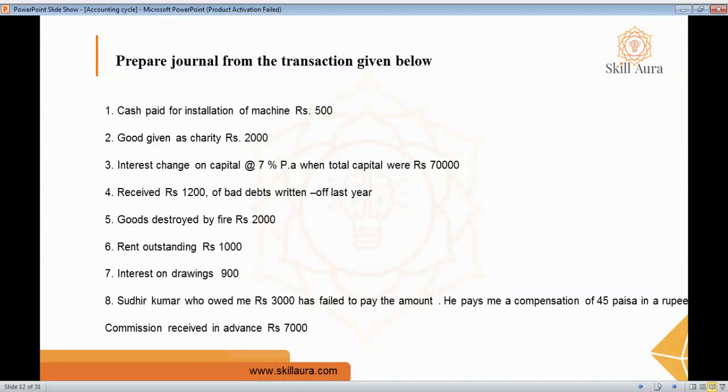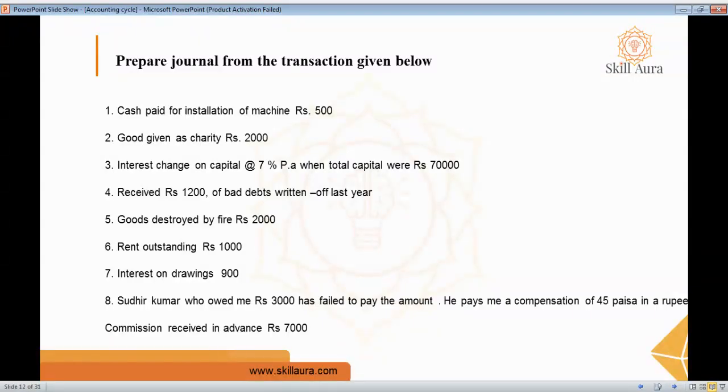The next one is the last one, commission received in advance. So your commission will be received in advance through cash, 7000, and unearned revenue is the commission, 7000.